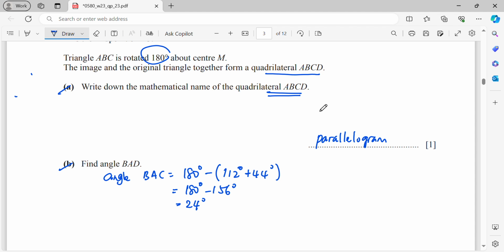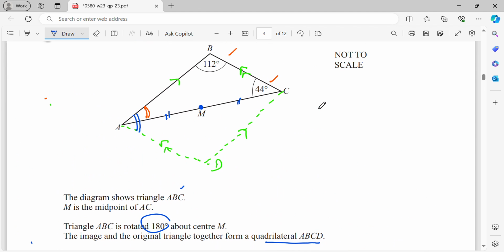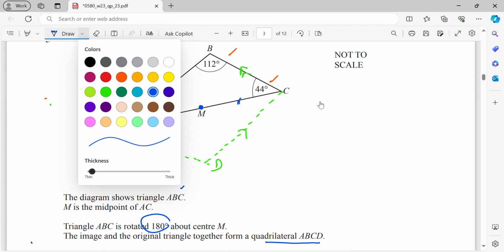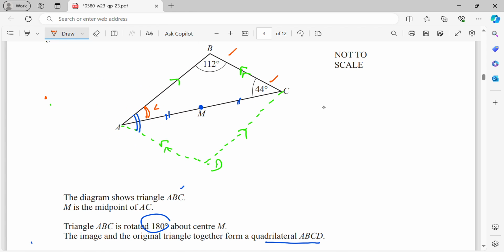Alright, now I need to get BAD. Since here is 24 degrees, now I need to find out what my angle over here is. Since this is rotation or parallelogram, I will say that angle BCA, when you refer to these sides, is the zigzag shape. That means this CAD is 44 degrees.